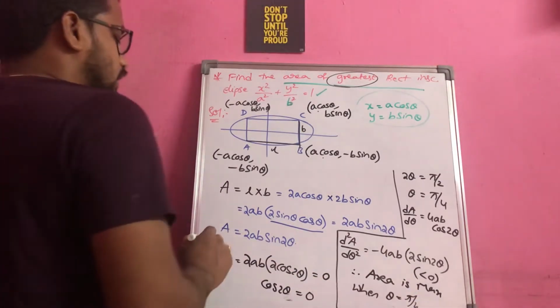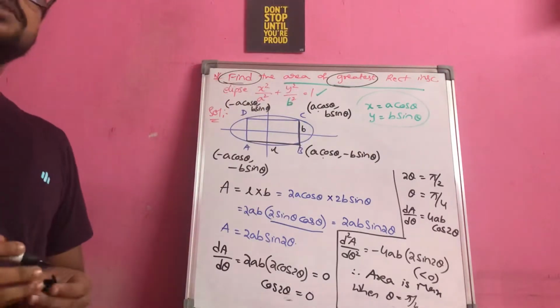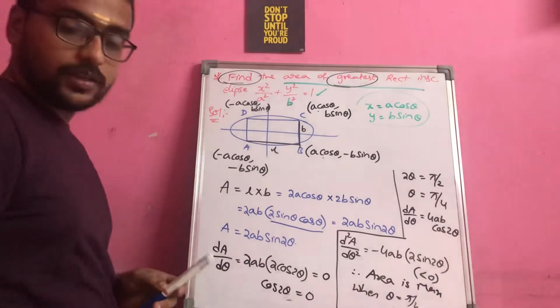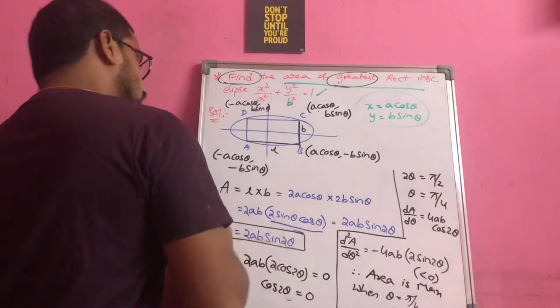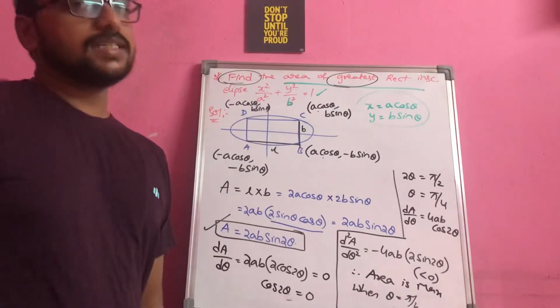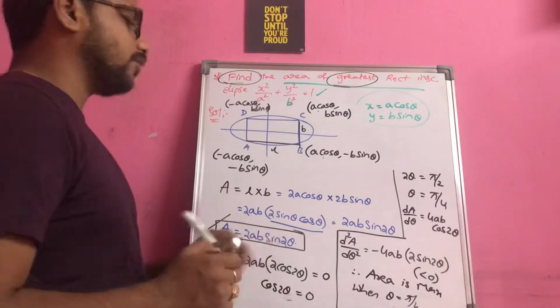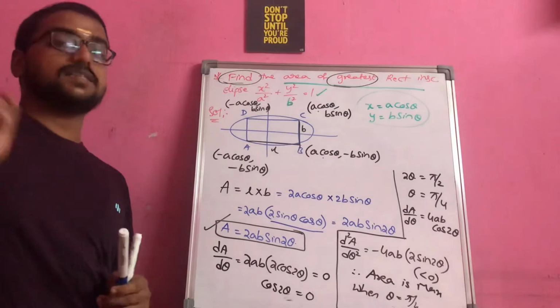Now you see, they are asking to find the area of the greatest rectangle. That means they are expecting the value. So what do you have to do now? This is the function for us: A is equal to 2ab sin 2 theta. This is the area of the rectangle inscribed in the ellipse. So if I substitute that theta value pi by 4 here, I will be getting my required area of the greatest rectangle.